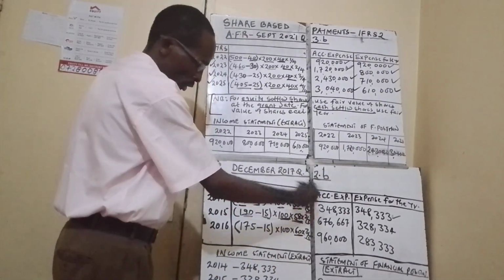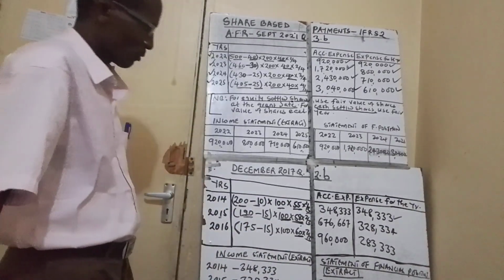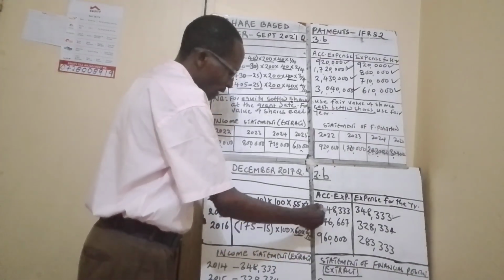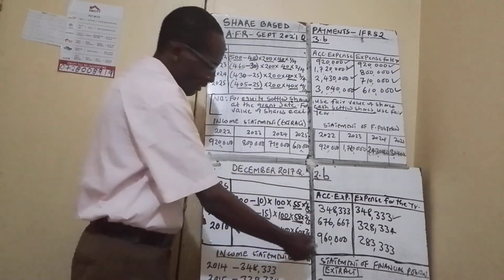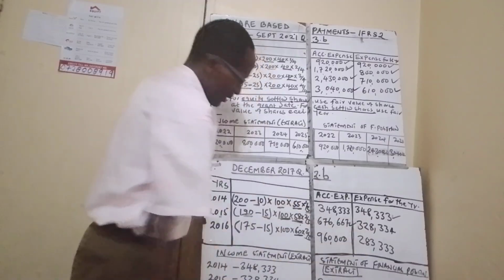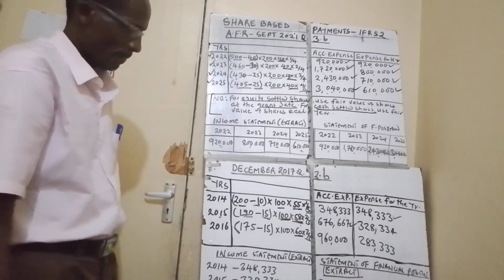The second year it has to change because you are looking at the price in the second year, 2015, times 2 over 3, since we are in the second year and there are 3 years. We get 676,667.